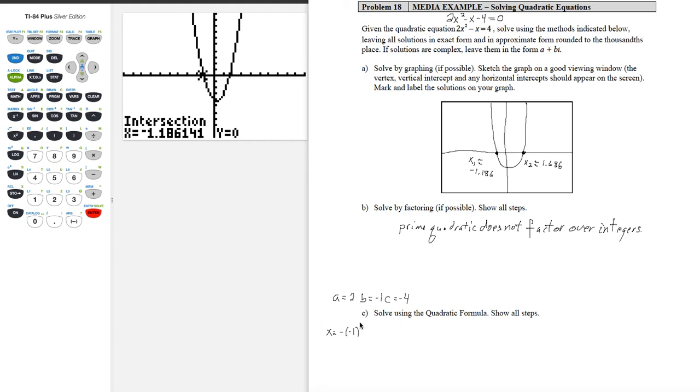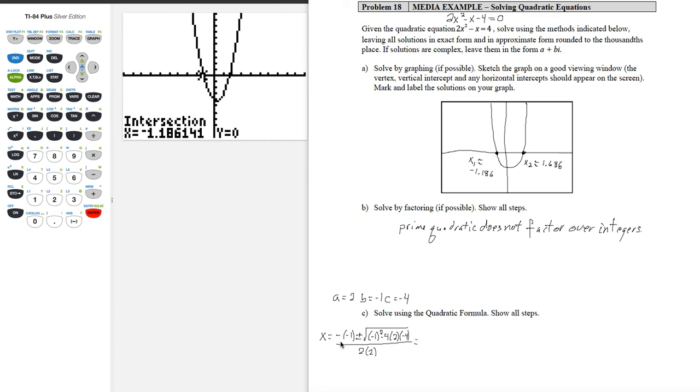So let me start over here, just so that you understand where everything comes from. Quadratic formula: x equals negative b plus or minus square root b squared minus 4 times a times c, and then all of that is over 2 times a.